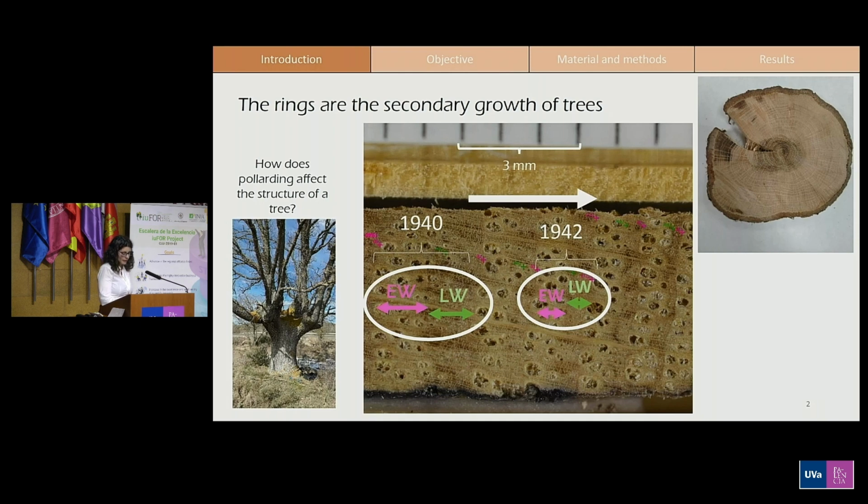Therefore, after the pruning, there is a reduction in the stem growth because trees invest carbohydrates in recovering what was removed. For example, in this picture, you can see the early wood in pink color and late wood in green color.